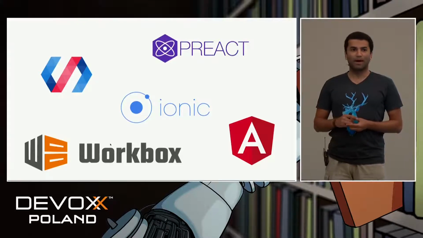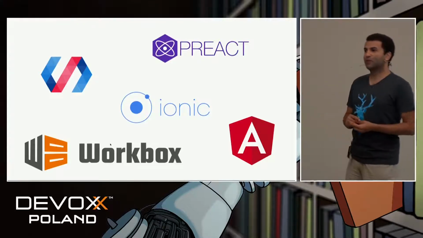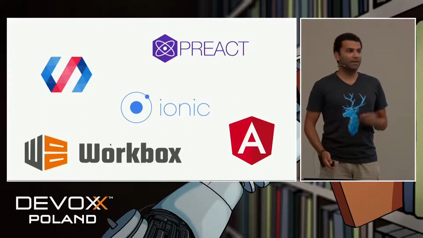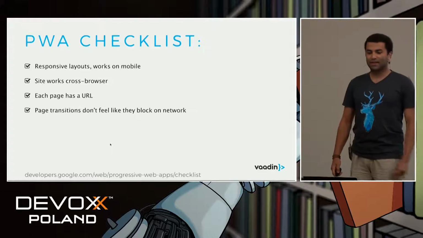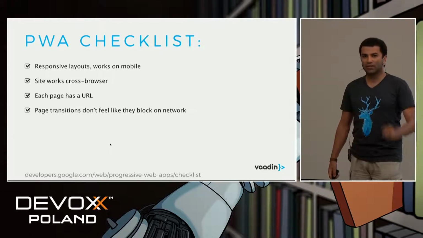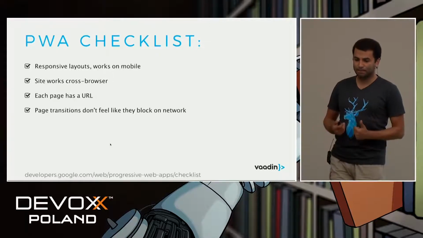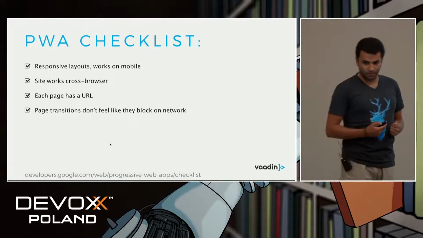So no, a progressive web app is not a framework. No, it is not a new programming language. Yes, it is just a checklist that, when you have it inside your website, you more or less gain more traction. You gain more users.